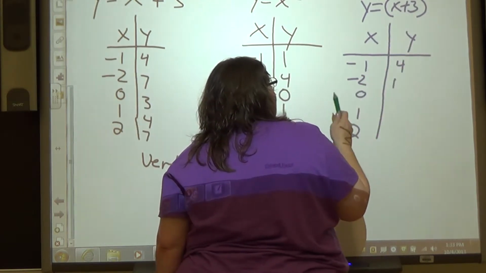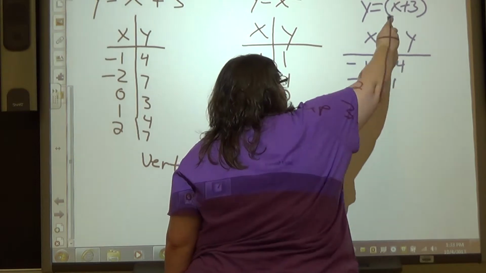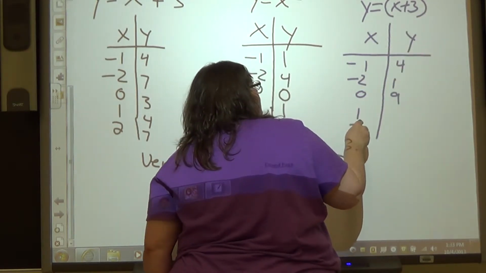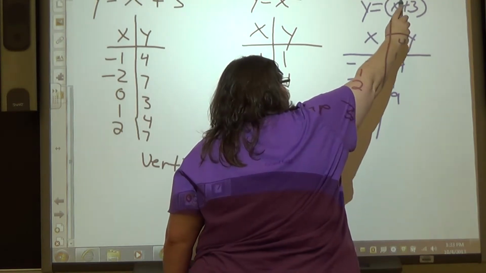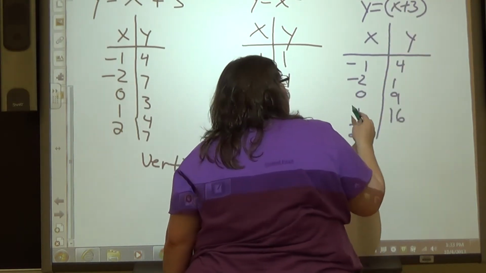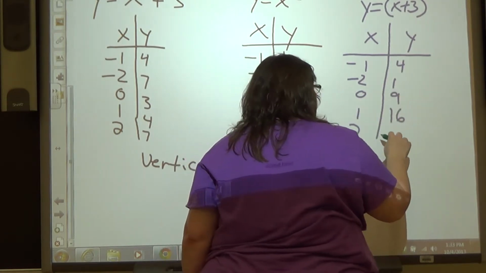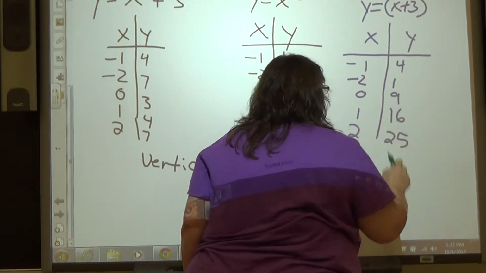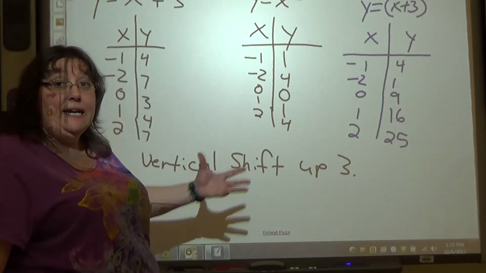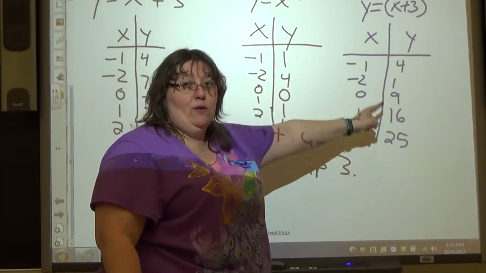Okay? 0 plus 3 is 3. Squared is 9. 1 plus 3 is 4. Squared is 16. 2 plus 3 is 5, squared is 25. Okay? Wow, big difference. Here, I only see one side of my graph.